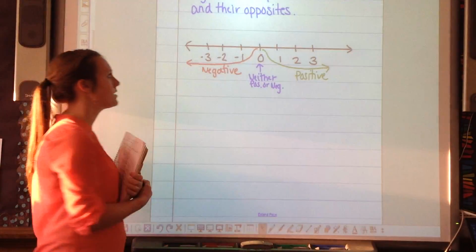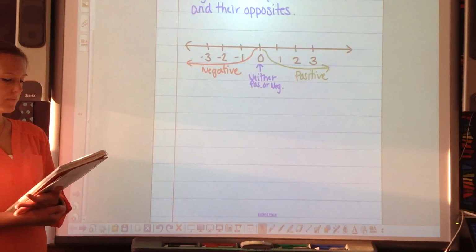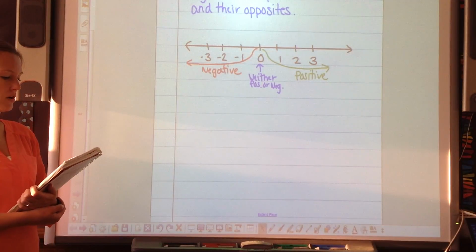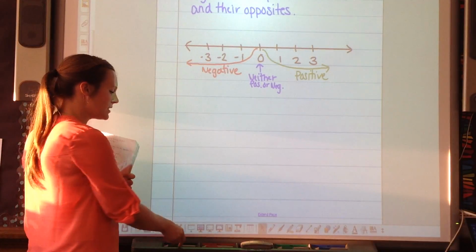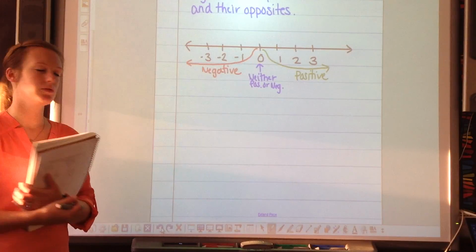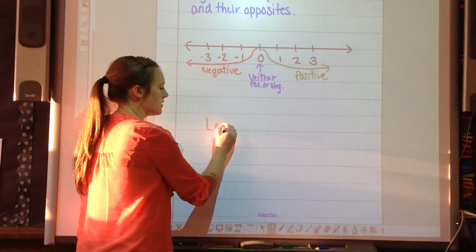Okay, the goal of this lesson is to compare and order integers, and we can do that by graphing on a number line. So let's say we want to list the following set of numbers from least to greatest.